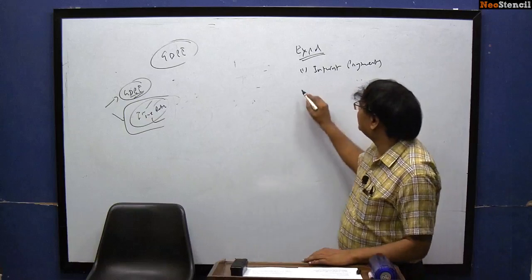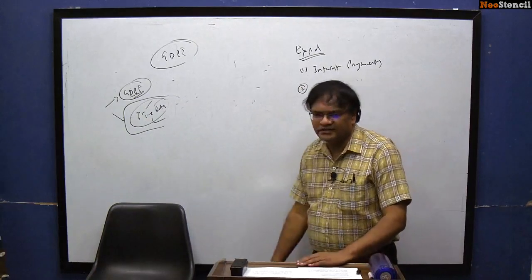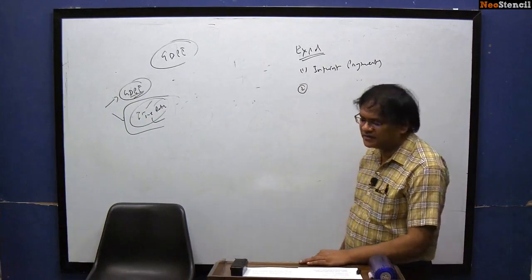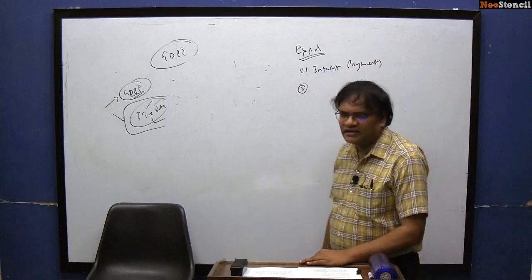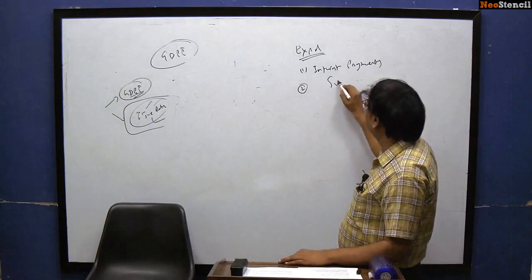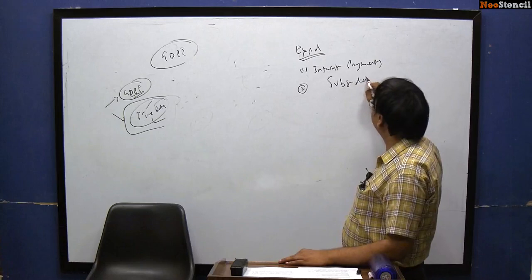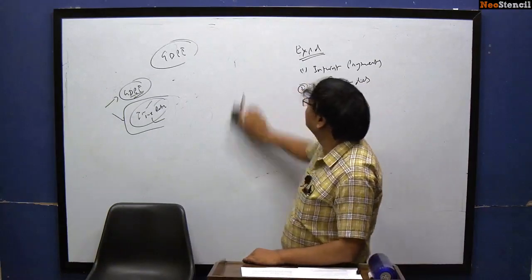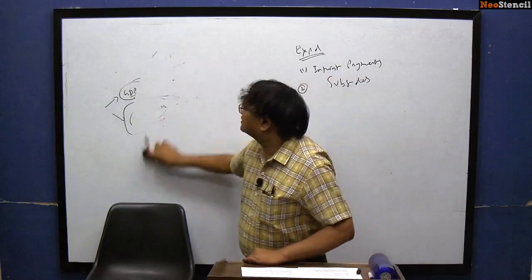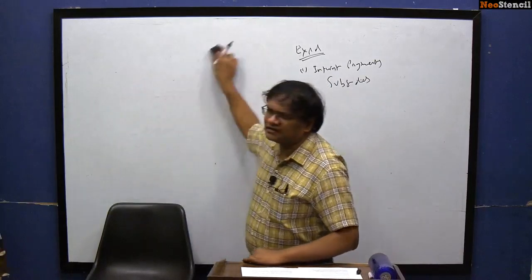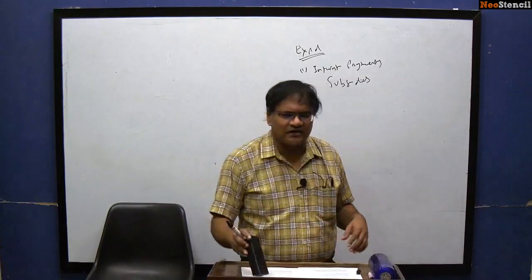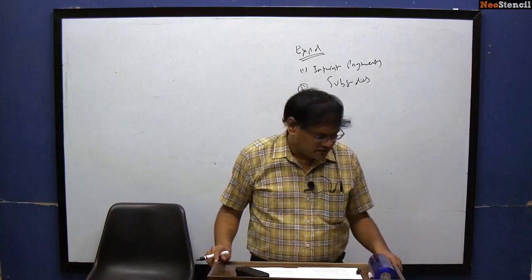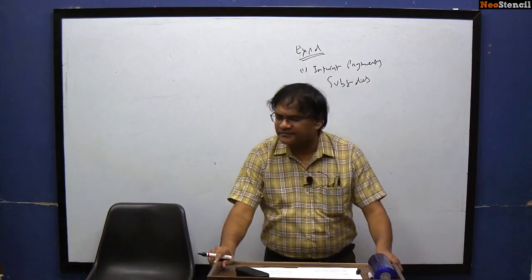That is one reason. Next one, the most important reason why the government is not able to reduce its revenue deficit, is subsidies. The government is giving too many subsidies in the name of welfare state, and it is spending a lot of money on these subsidies. Most of the money is going into unproductive purposes, subsidies.